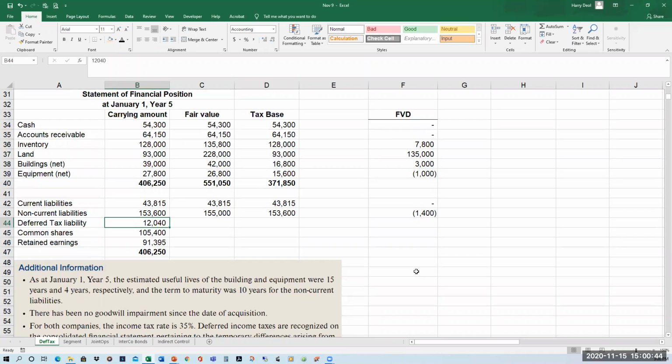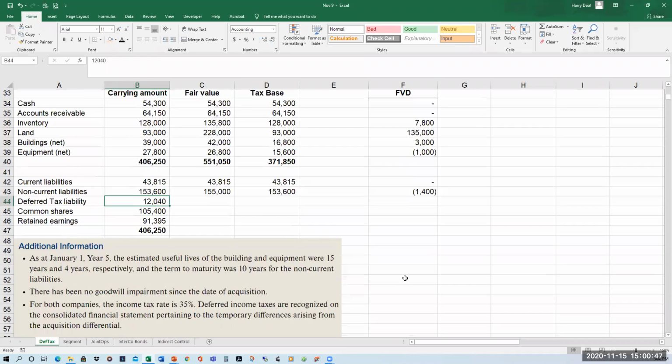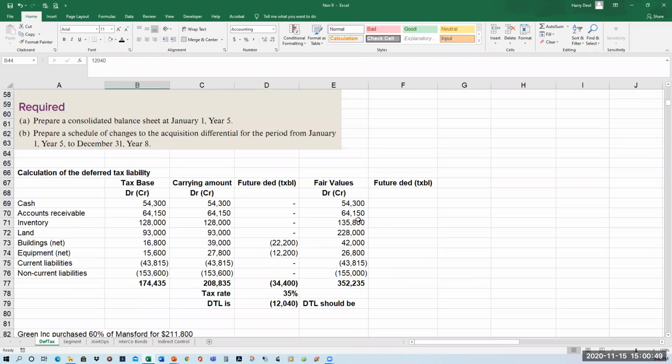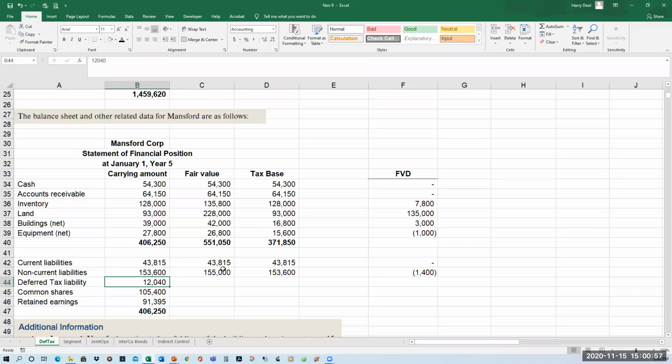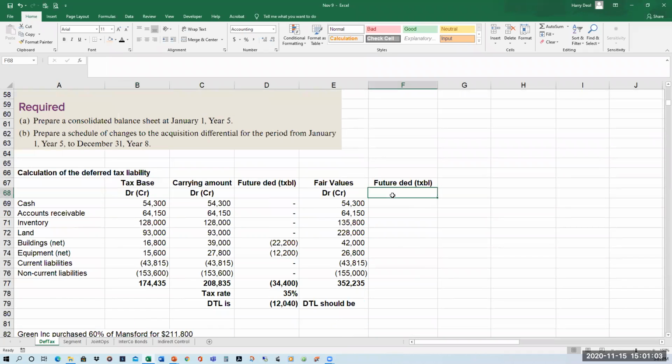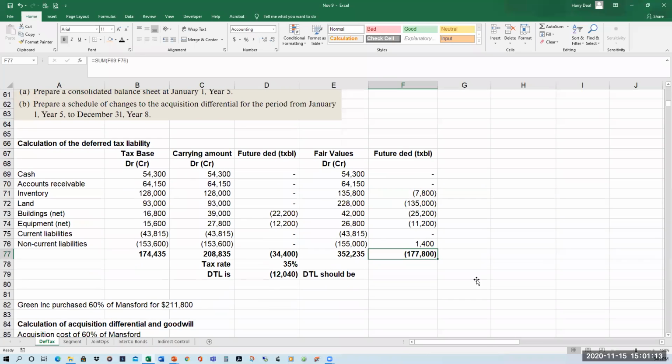Now, due to the fact that Mansford is being acquired by Green Company, we need to now look at the fair values and compare them to the tax base. So the fair value information I've copied from the information given in the problem. And when we look at the tax base and compare it to the fair values, we end up with the total future taxable difference of 177,800.